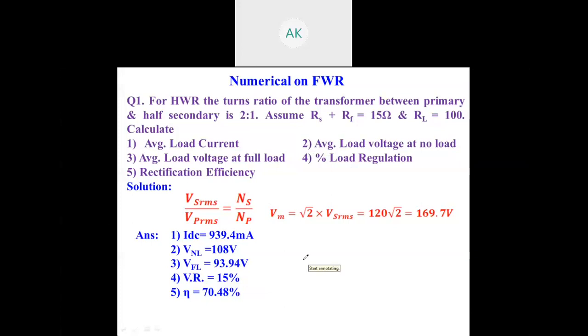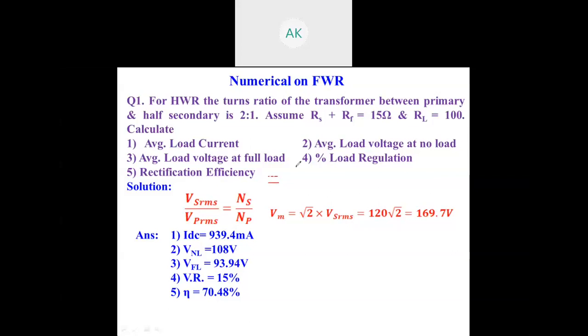Now what is next? Next is the rectification efficiency, PDC divided by PAC. PDC is nothing but IDC square into RL, and PAC is VRMS divided by RDC.